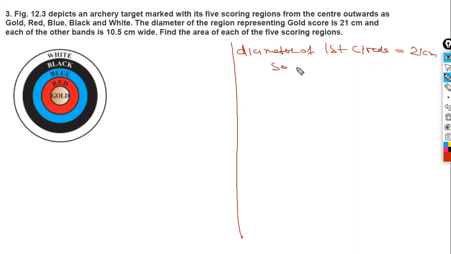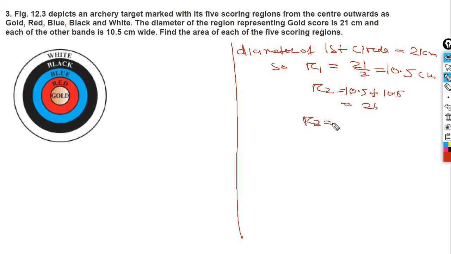So radius r1 is equal to 21 by 2, which is equal to 10.5 cm. Similarly we can find r2, the radius of the second circle. It will be 10.5 plus 10.5, which will be equal to 21.